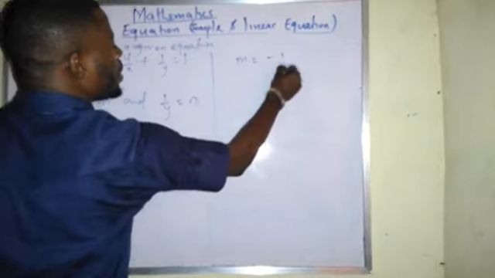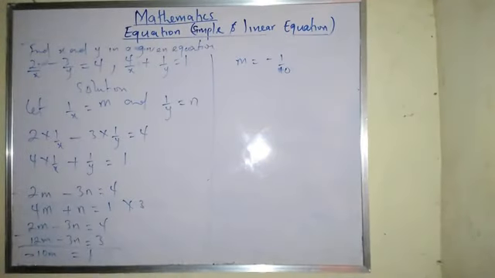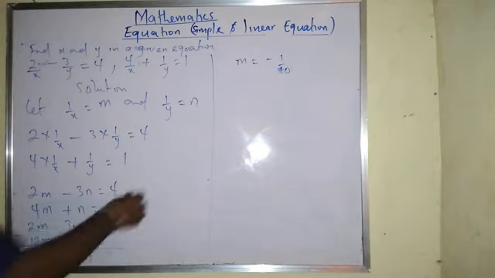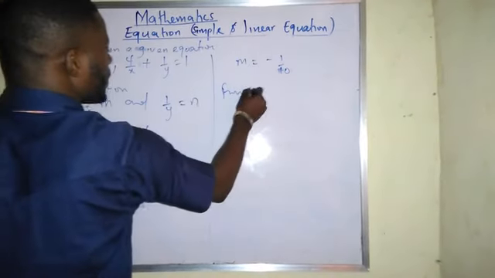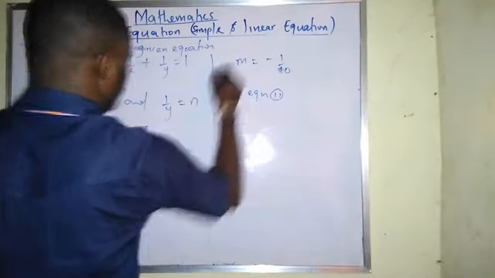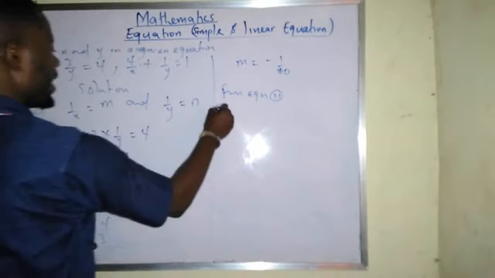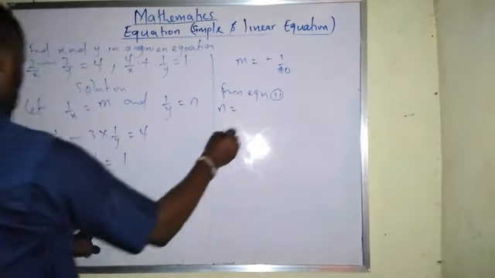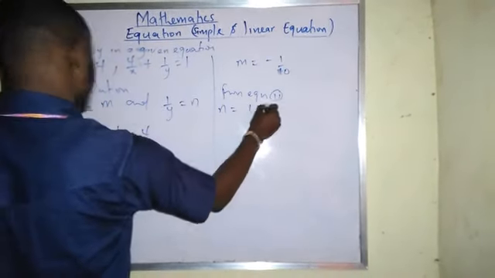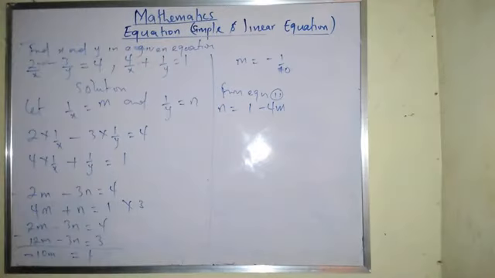I don't even need to stress myself. I can put it in equation 2: my n equals 1 minus 4m.